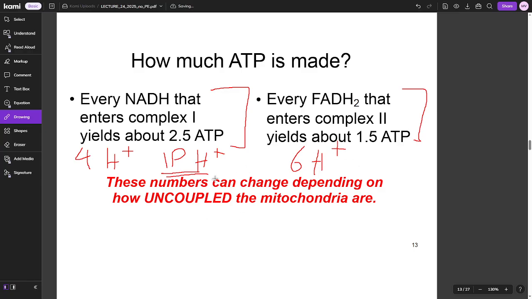That is why. And if you uncouple it, of course those numbers can change, because now there's a completely different amount of protons required, since the uncoupling has messed with the ratios of protons going up to protons coming down, and they're not going through ATP synthase as much as they should.